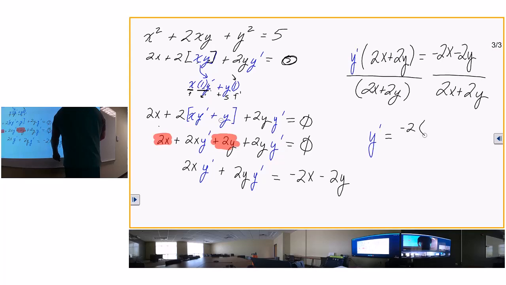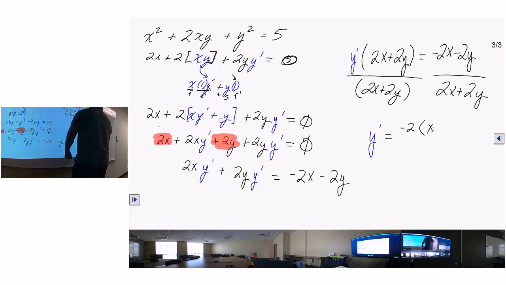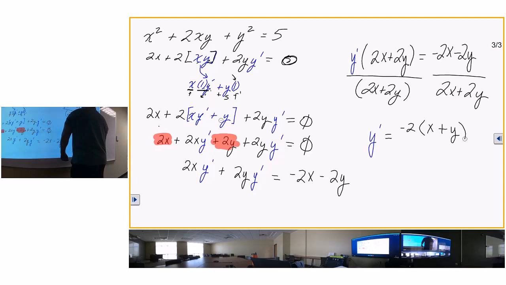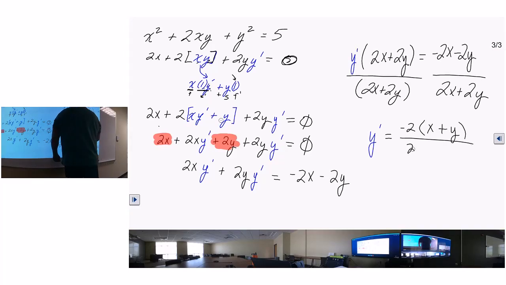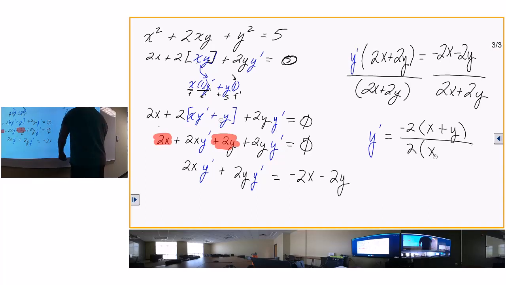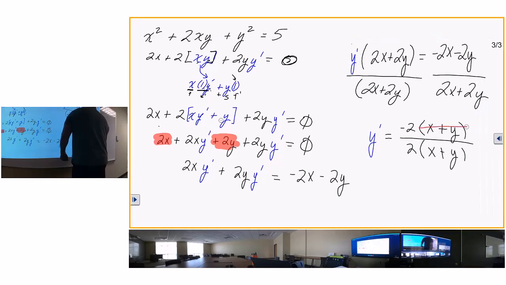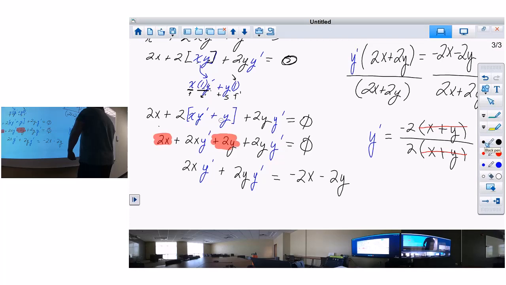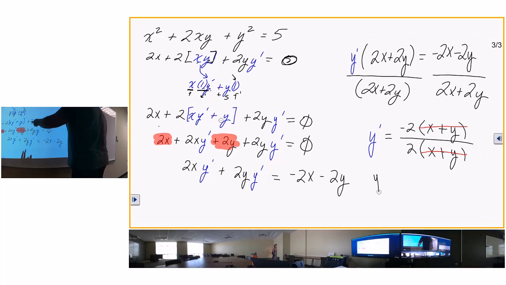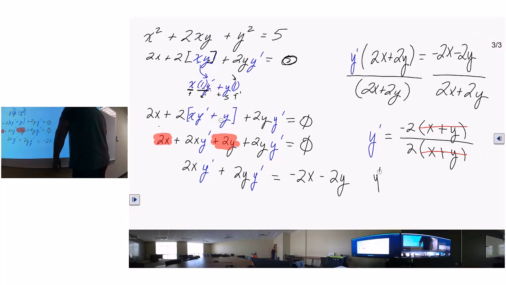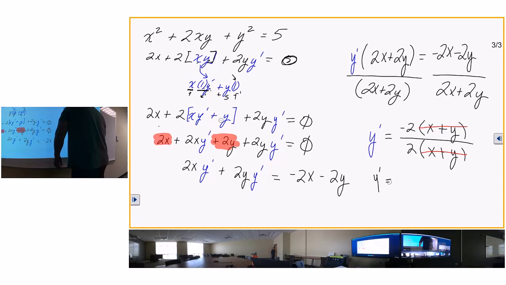And that's going to give me x plus y. And I'm going to factor out a positive 2. And that's going to give me x plus y. And what happens? What's the derivative of all of that mess? Negative what? Negative 1.